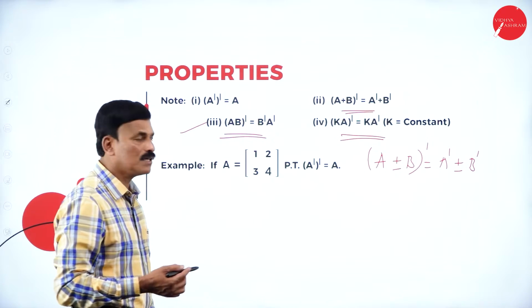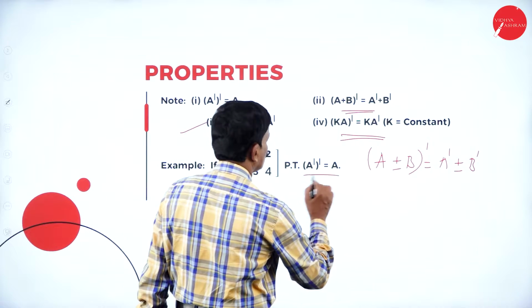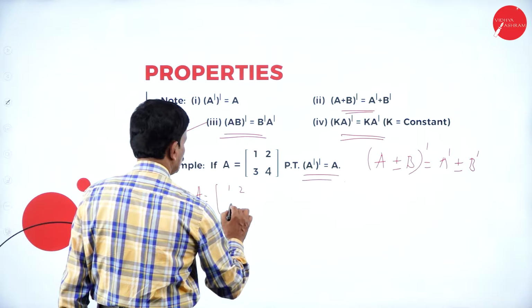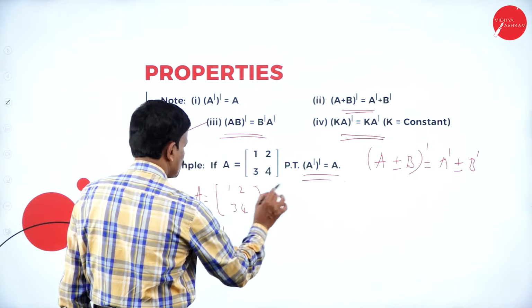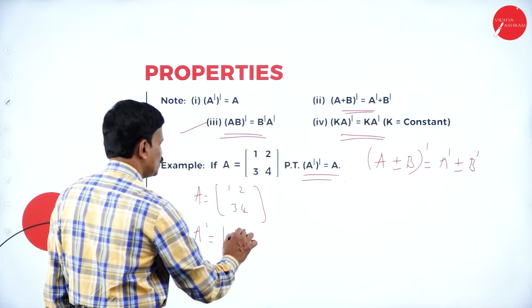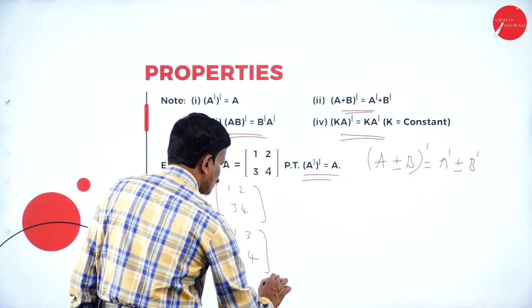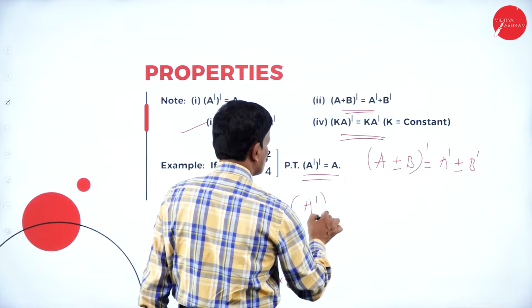Now let us take an example. If A is equal to [1, 2; 3, 4], then prove that (A dash) whole dash is equal to the same matrix. What is given? A is equal to [1, 2; 3, 4]. Transpose this. A dash is equal to, first row becomes first column 1, 2, and second row becomes second column 3, 4. So this is of order 2 into 2. Now again transpose this, the transpose of a transposed matrix.